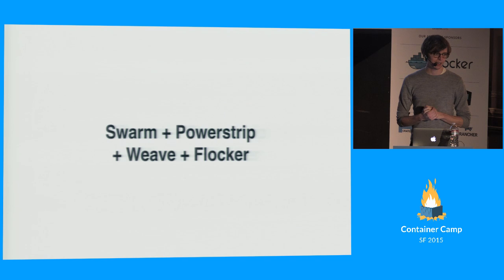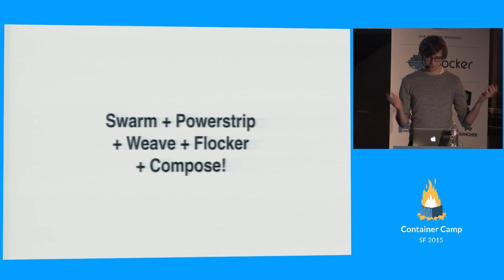So PowerStrip is a tool for prototyping Docker extensions, which just intercepts API requests. So when you create a container and it says, I need a network, then the API request can get intercepted and it can go off to Weave and create a network and all that sort of thing. And this is also integrated with Swarm, so it works across multiple hosts.